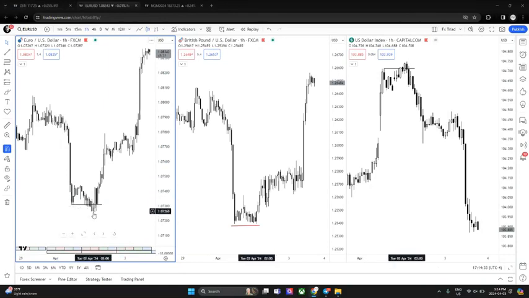On Tuesday the euro made the low of the week and the British pound made the high of the week for the US dollar. So here, we even had a lower time frame sequential SMT as well.